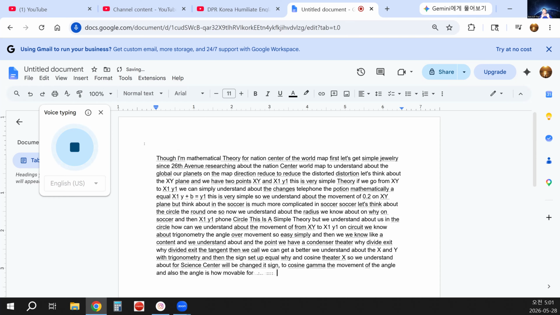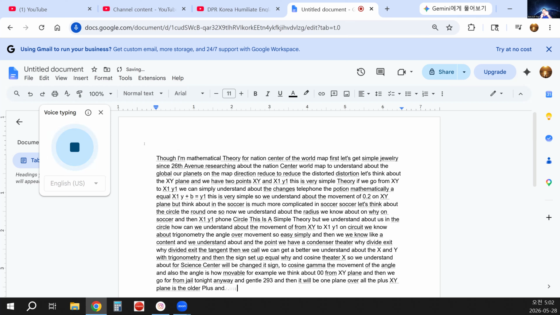For example, we think about 0, 0 on the XY plane, and then we go from 0 to 90 degrees, and it will be the plane where everything is plus.